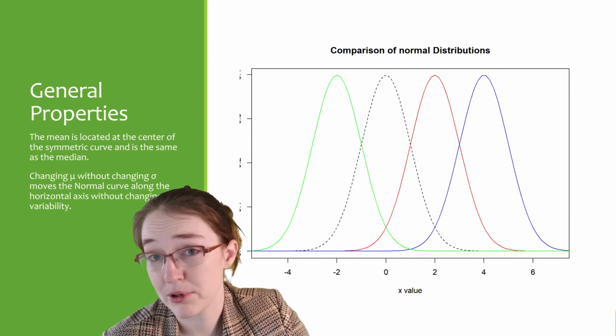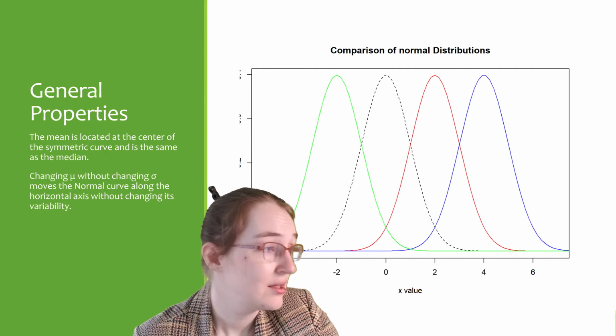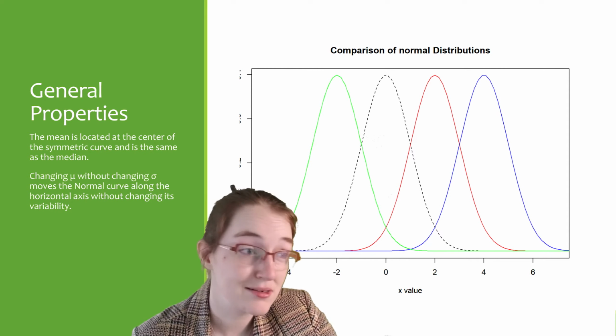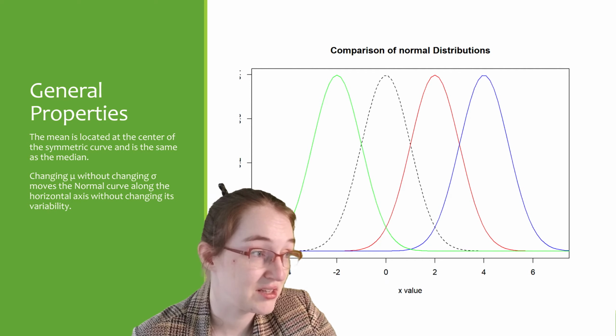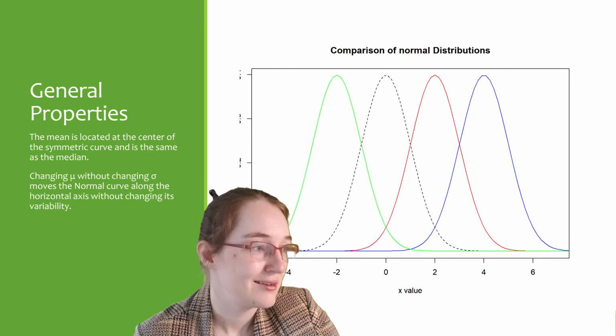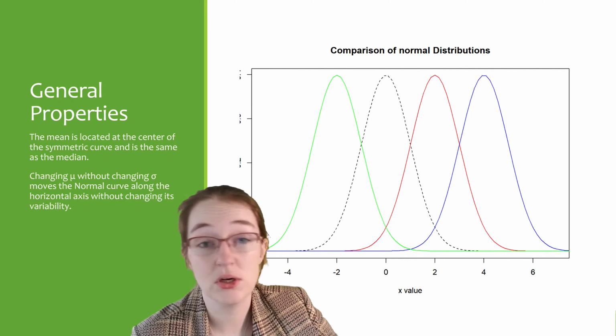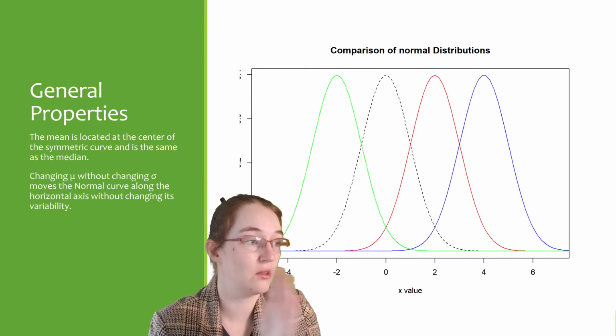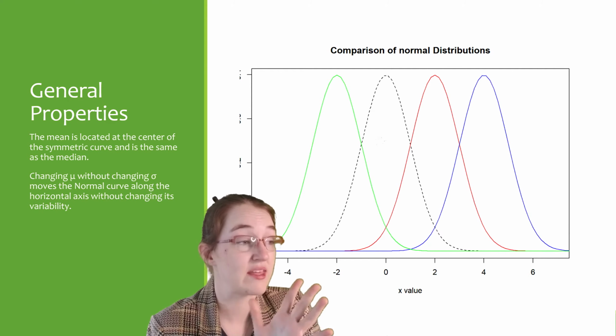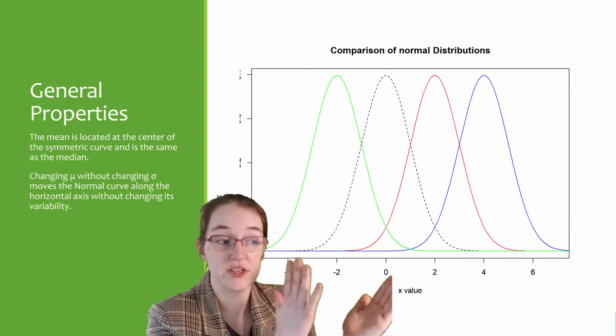Now, general properties of the standard normal. The mean is located at the center of the symmetric curve, and it's the same as the median. Changing mu without changing sigma moves your data along the normal curve without changing the variability. So it just shifts.